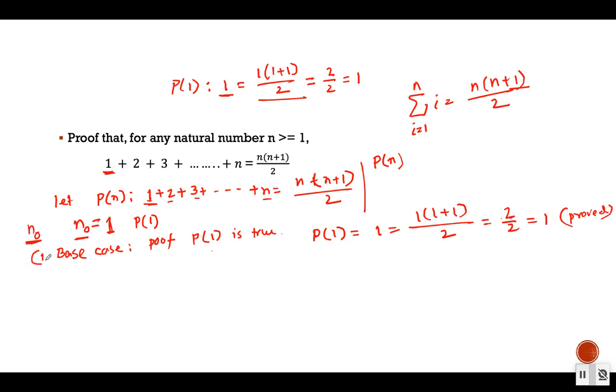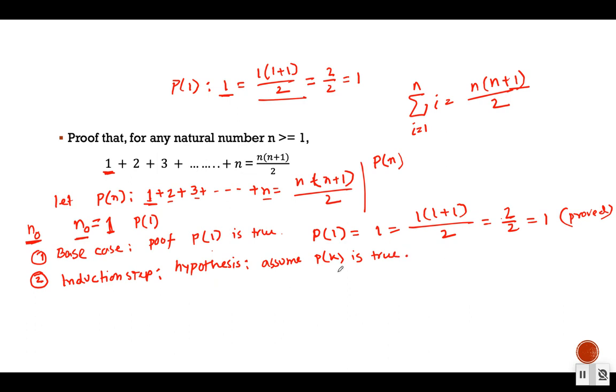Now our induction step. In the induction step, first we are going to talk about the hypothesis. The hypothesis says that we are going to assume that Pk is true.